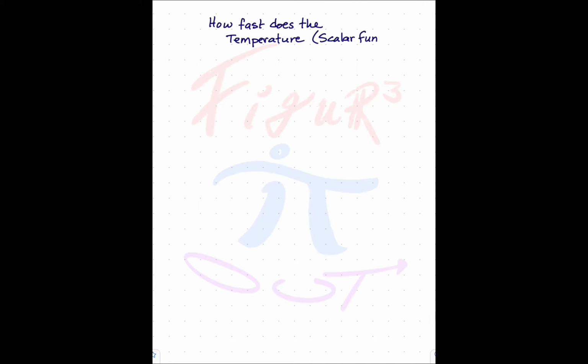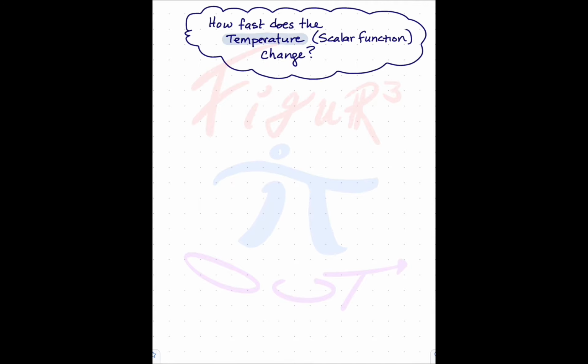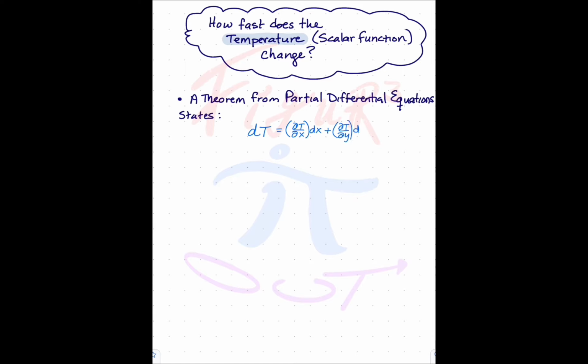So how fast does the temperature change? Well, temperature is a scalar function. It doesn't necessarily have a direction. A theorem from partial differential equations states that the change in temperature dT can be given by a series of linear combinations of partial derivatives.